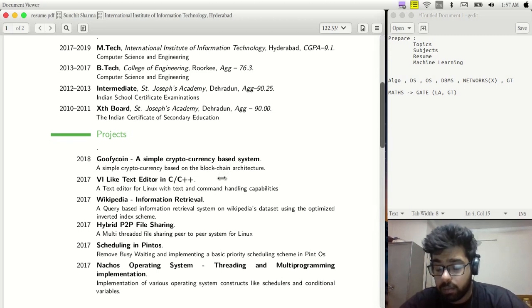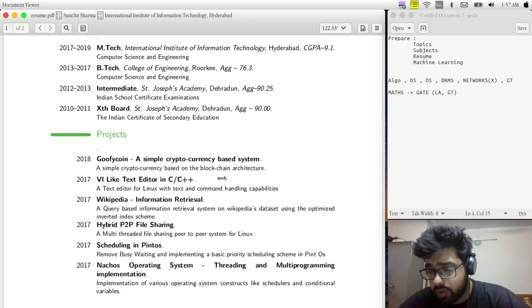So whatever project you mention, be really sure about whatever you've done in the project, and whatever technologies you've used in it. You have to be thorough with the technologies used in the projects and the implementation of the project. And if the technology is based on something, like in this case Goofy Coin was based on blockchain, in other cases your projects might be based on machine learning, and then they will go into machine learning also.